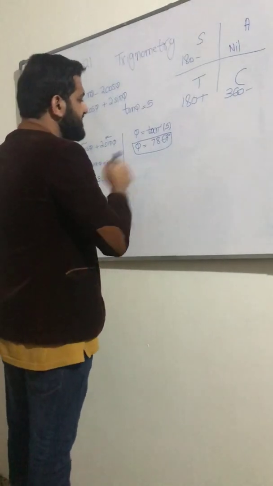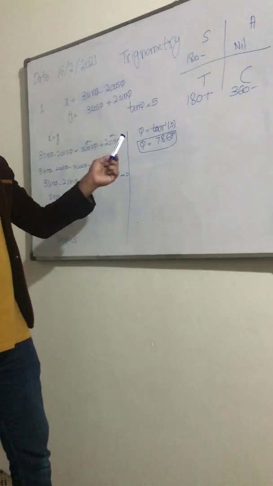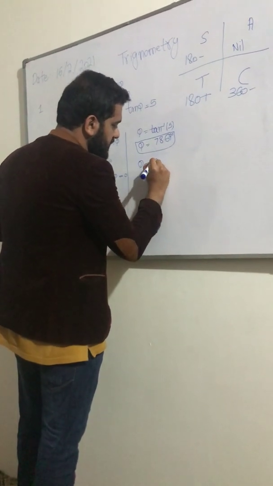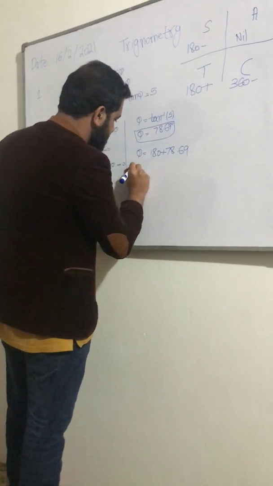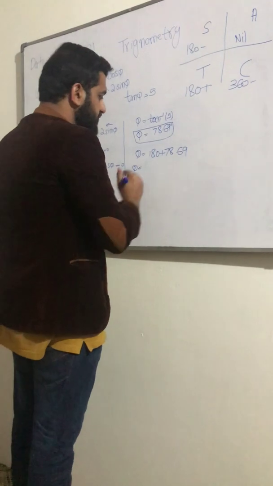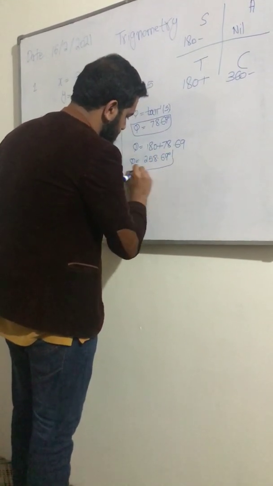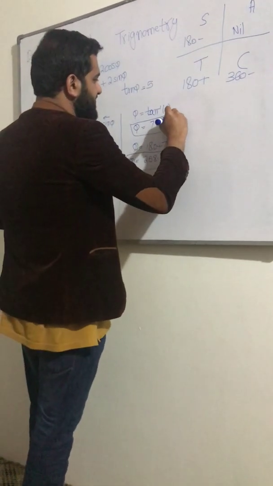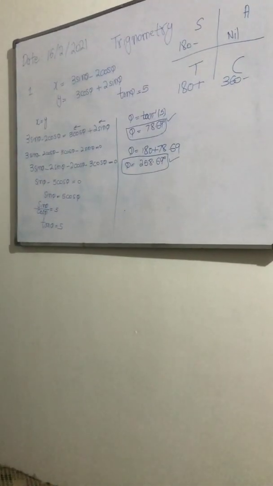So our one answer will be 78.69, but to find the other answer, you will add 180 to this angle, and theta will become equal to 180 plus 78.69, which is 258.69. Now these two are the final answers. First answer will be this, and the second will be this. Okay, so just copy it in your copies.